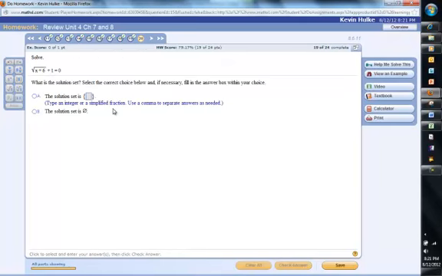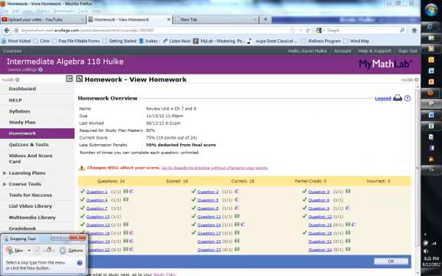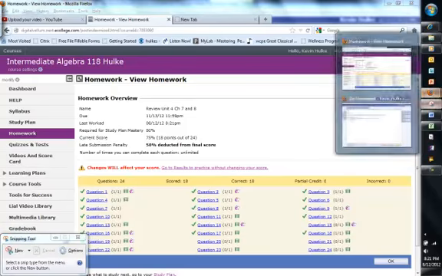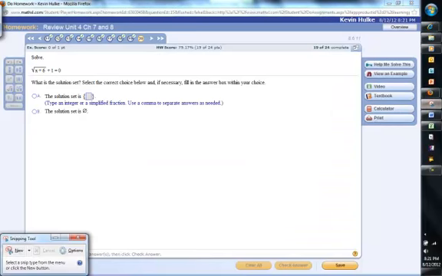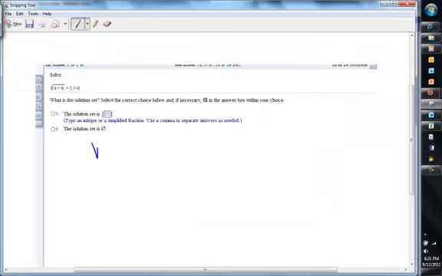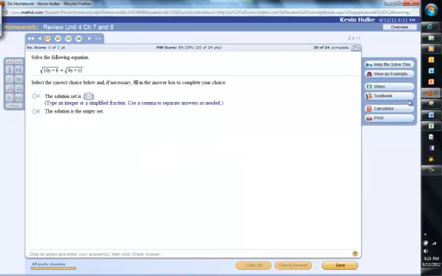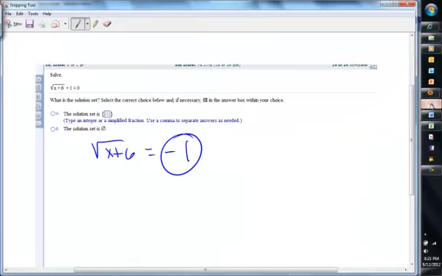Number 20. Solve the equation. Okay, so square root of x plus 6 equals -1. You can't have a square root being negative, so there is no solution. Number 21.